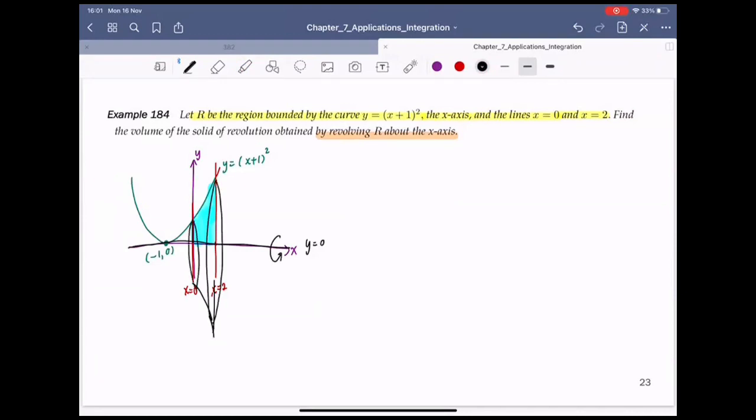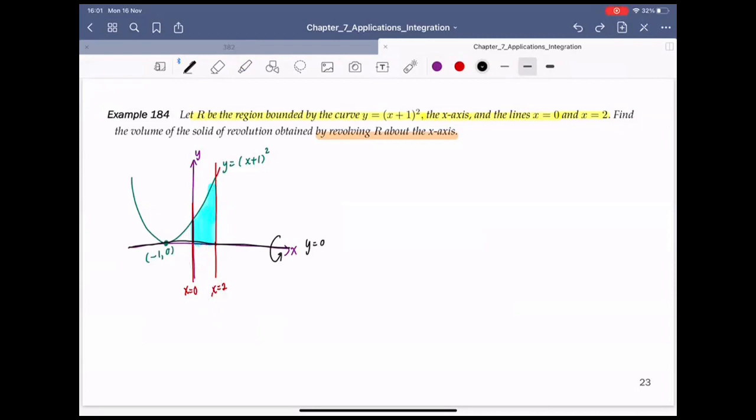You just take the piece that I highlight in light blue and rotate it about the x-axis, so you get a solid. The question asks you to find the volume of this solid, which is called the solid of revolution. Sounds good?